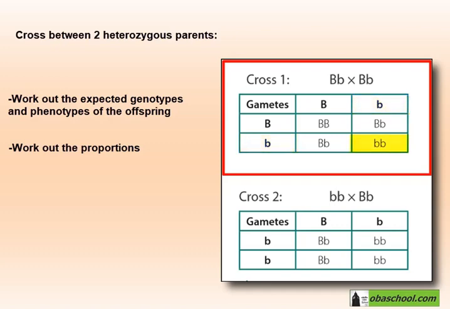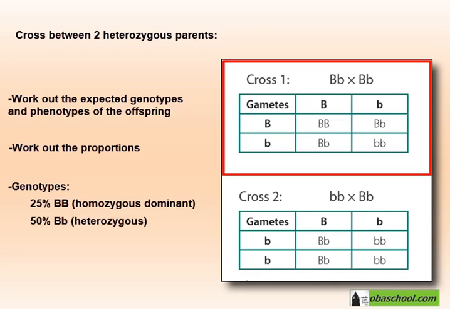homozygote brown offspring. So the genotypes are: 25%, or 1 out of 4 times, we will get a homozygous dominant. Half of the time, because we see this happening 2 out of 4 times, so 50% of the time, we are getting a heterozygous offspring, and 25% of the time we're getting a homozygote recessive offspring.